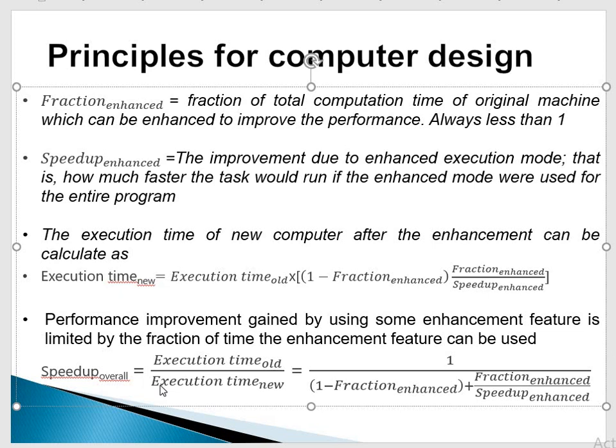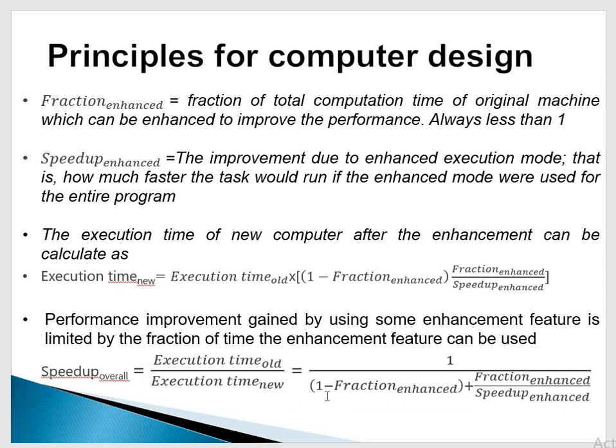So if we replace this execution time new with this particular equation, then we will get 1 upon 1 minus fraction enhanced plus fraction enhanced upon speed up enhanced. So this is the way how we can quantify the amount of improvement after the enhancement in the redesigned machine with respect to the machine without enhancement. So this is all about Amdahl's law.